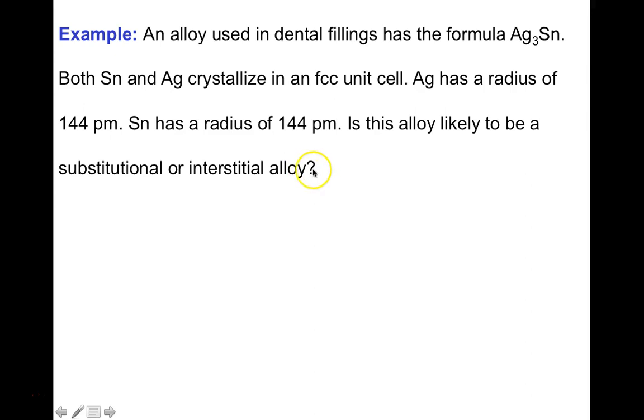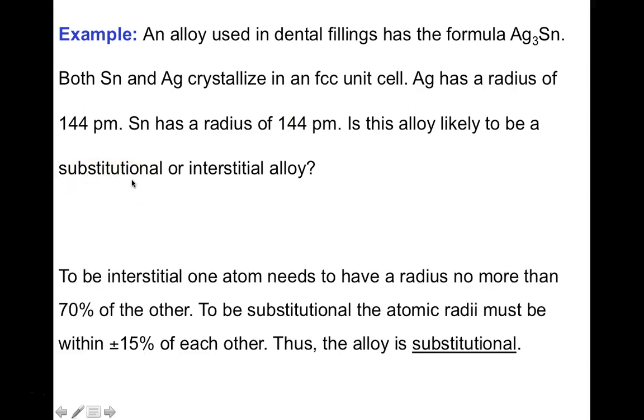What I need to realize is that both atoms have the same radius. The types of holes found in an FCC lattice are all smaller than 1 times the radius of the host, so it is not possible for this alloy to be interstitial. Neither of these atoms will fit into a hole in the other's lattice. It has to be substitutional.